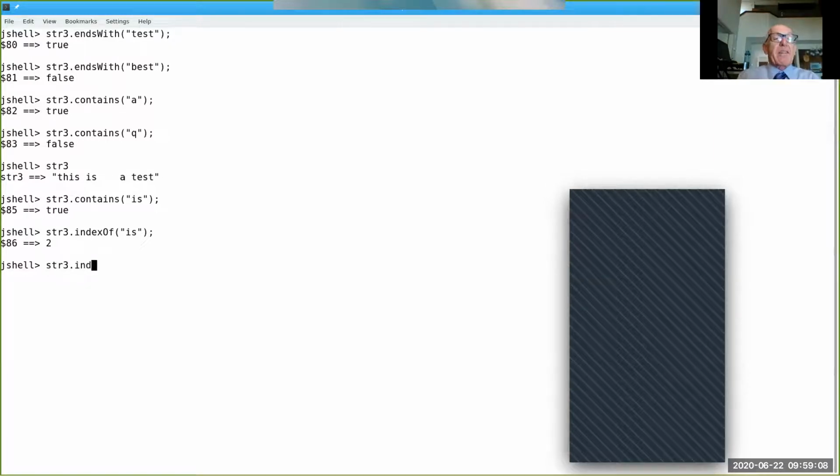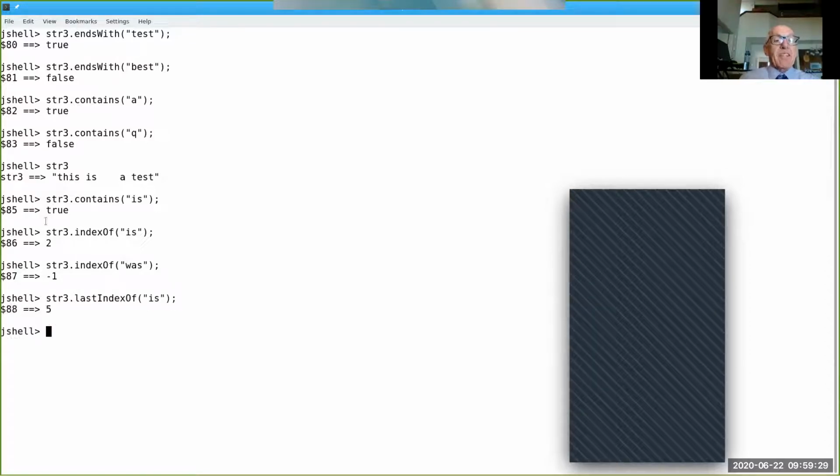What happens if I do something like was, that is not inside the string? It returns me a -1, meaning it wasn't anywhere in the string. I can also find the last index of is.